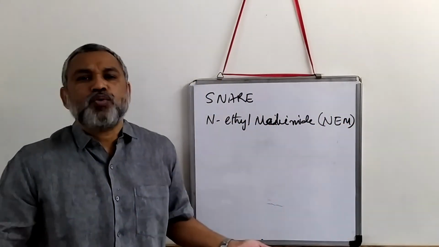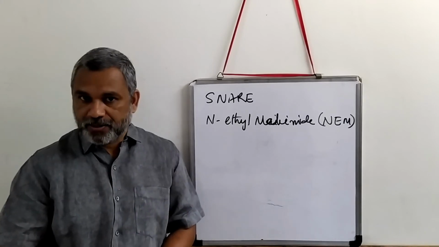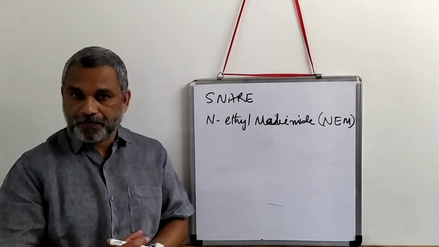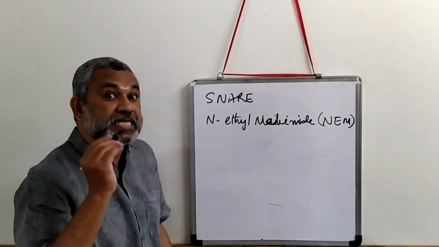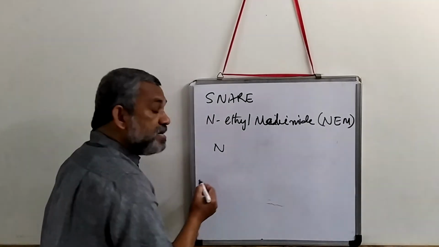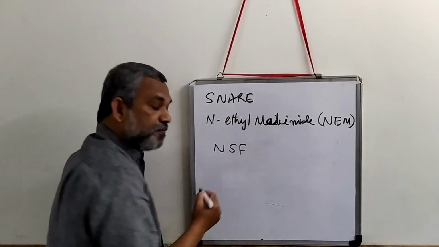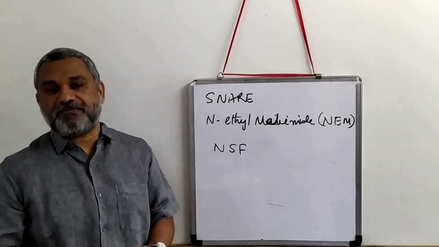It binds to sulfhydryl groups and can inhibit a protein. This chemical they were using in order to study certain mechanisms. Now, a protein which is sensitive, that is NEM sensitive factor, is called NSF.